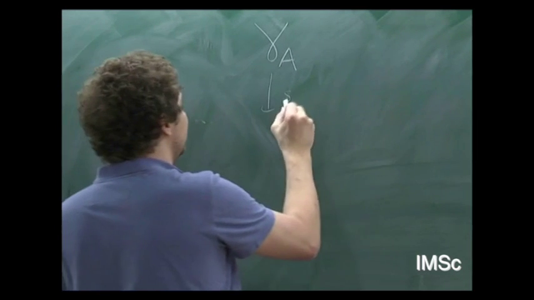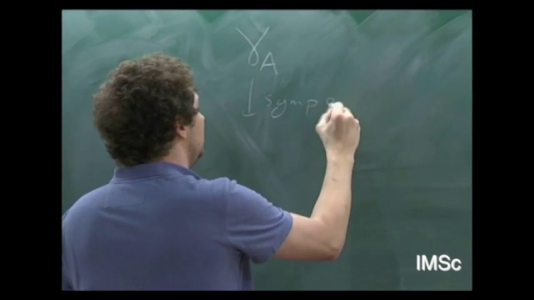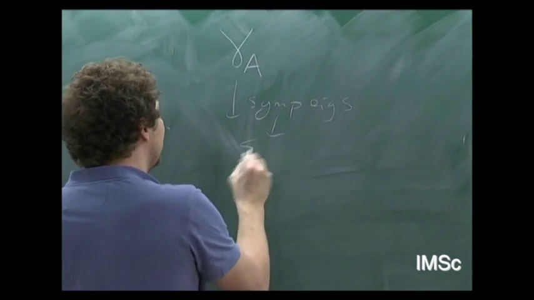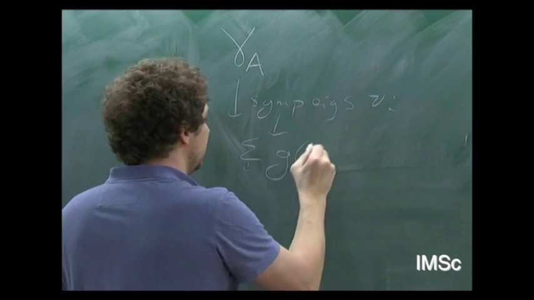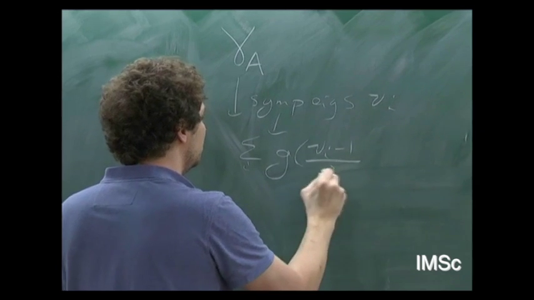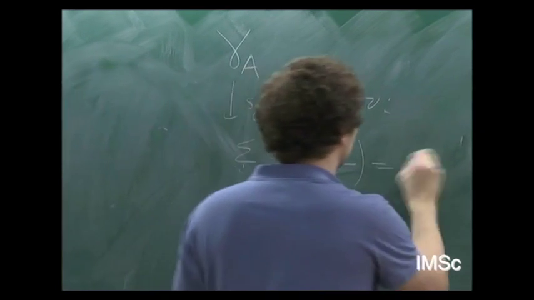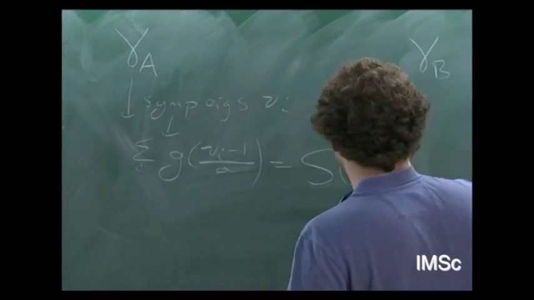Okay, and then we know there's a nice formula for the entropy of a Gaussian state with a given covariance matrix, right? I figure out the symplectic eigenvalues. I add up over the different symplectic eigenvalues, g of the symplectic eigenvalue minus 1 over 2, and that gives me the entropy.